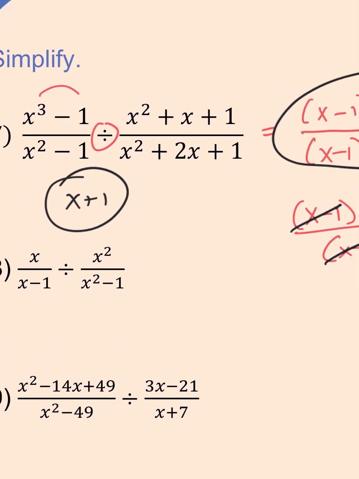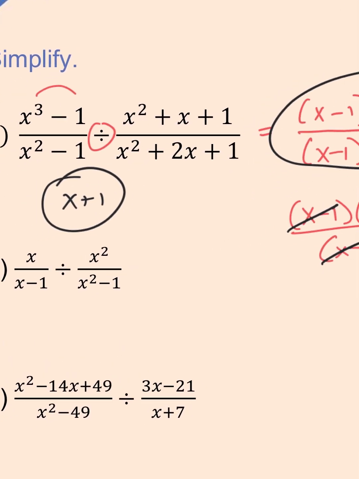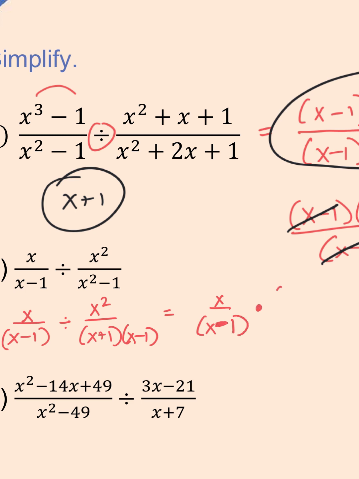Again, we go here to this number 8, and notice that the first fraction is completely already simplified. The second one, that's going to stay the same, but the denominator is x plus 1, x minus 1. It's a difference of squares. Then I'm going to do my stay, my change, and my flip.